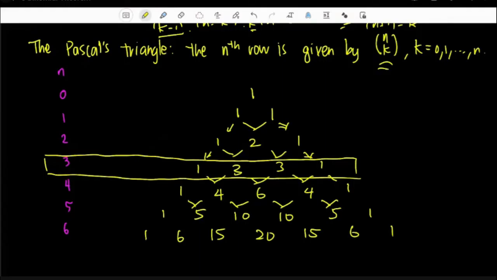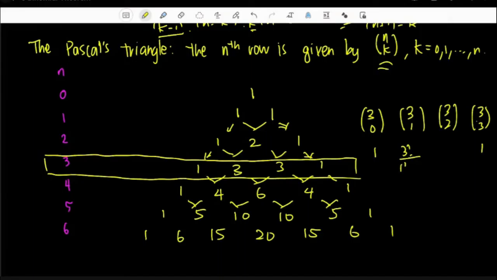So, these values are actually equal to 3 taken 0, 3 taken 1, 3 taken 2, and 3 taken 3. So, you have 3 taken 0 is 1, 3 taken 3 is 1.